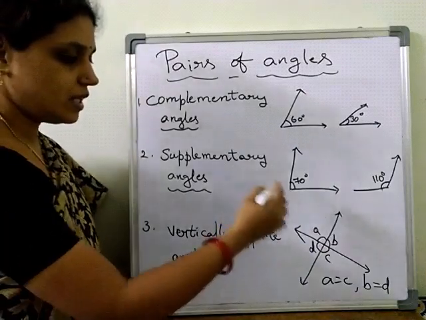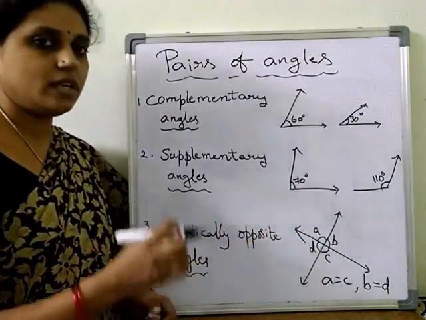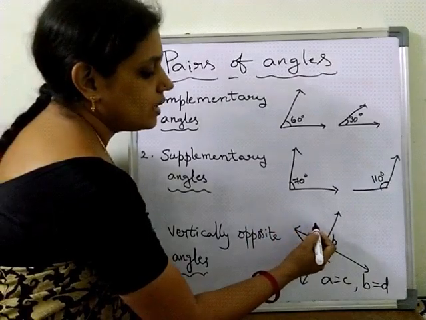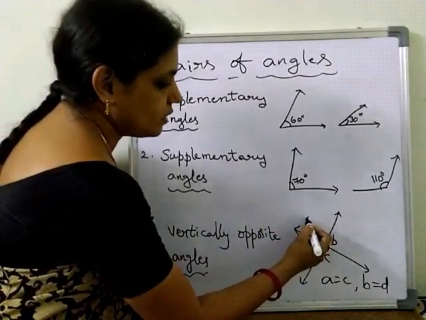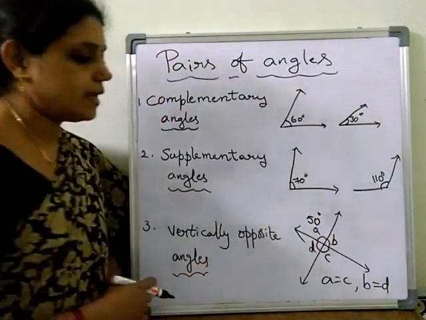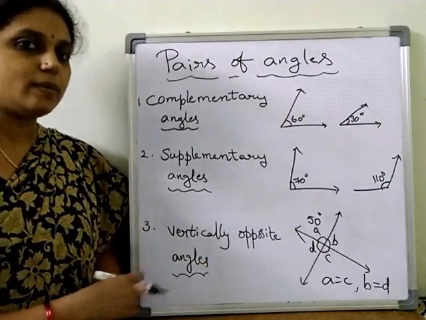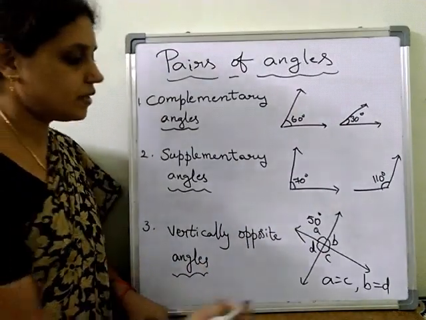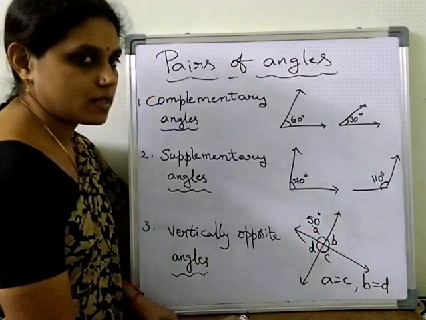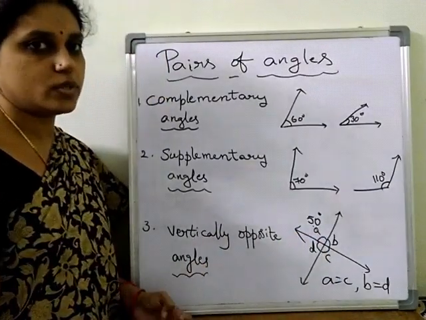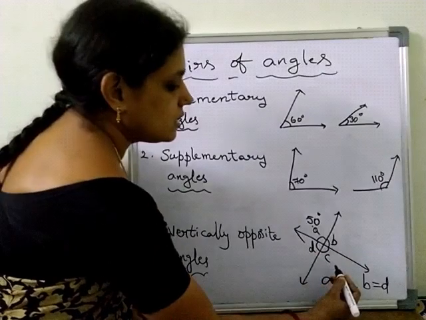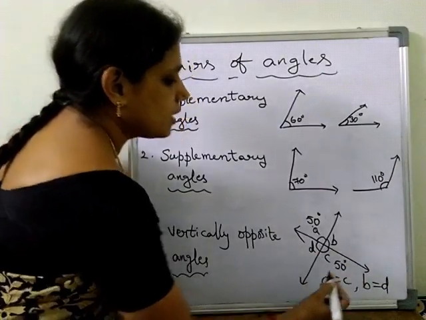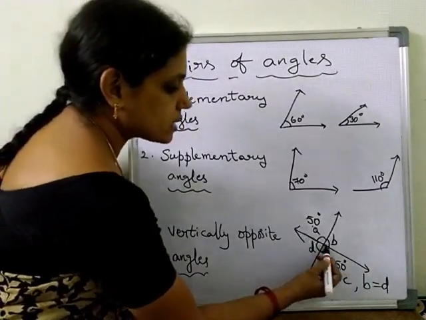Okay. So here in the vertically opposite angles, if any one angle is given, suppose here I gave A as 50 degrees. Then all the three remaining angles you can find out. How to find out? A is equal to C according to our statement that vertically opposite angles are equal. So here C is also 50 degrees. Now what about B? How will you get it?